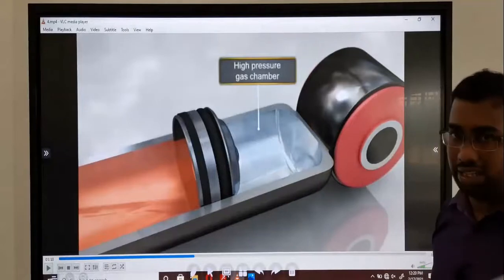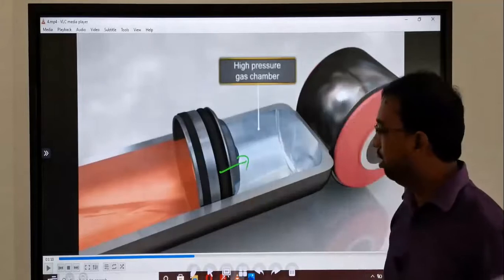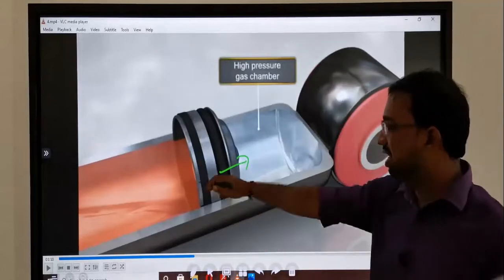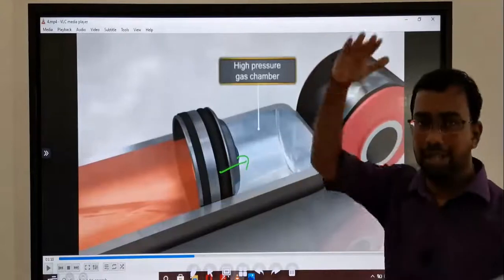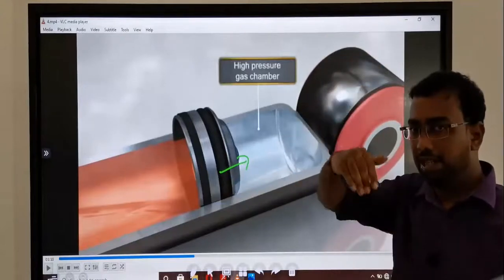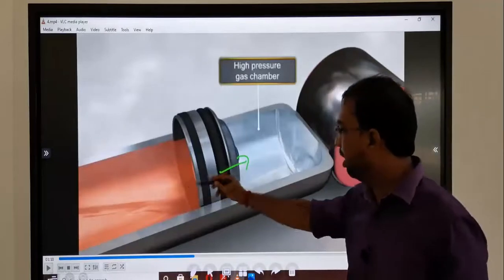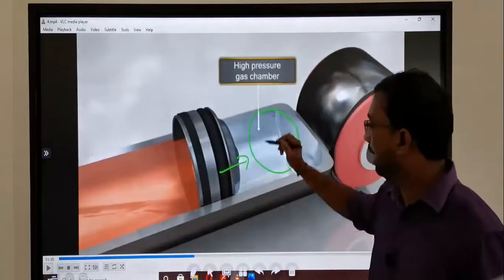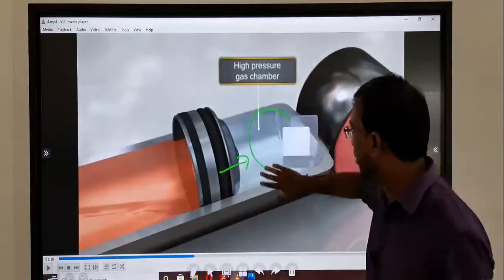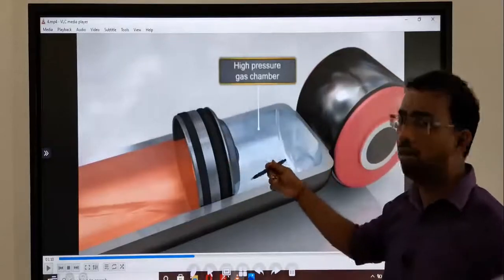So now you can get an idea when this piston moves like this, with the assistance of hydraulic pressure. When there is a vibration, pressure is applied downwards. With the help of the hydraulic pressure, this piston compresses the nitrogen gas. Then it moves into rebound, or upwards.